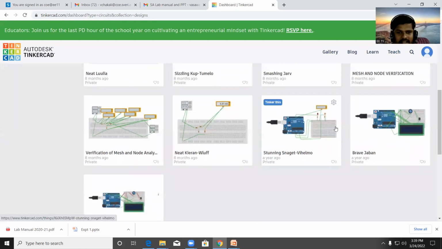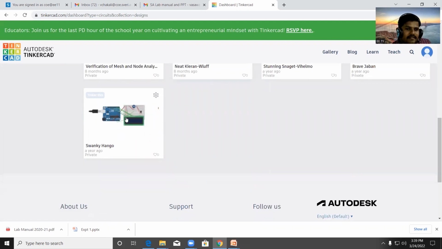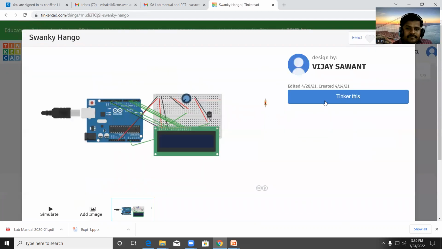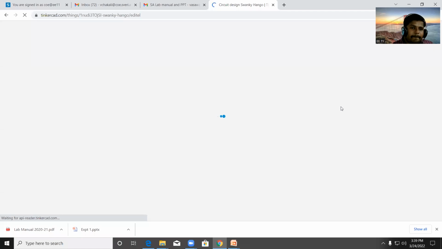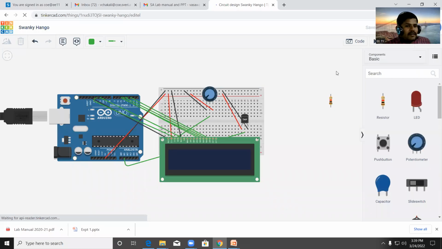Suppose we are considering one practical. First of all, understand this is a circuit designing window.